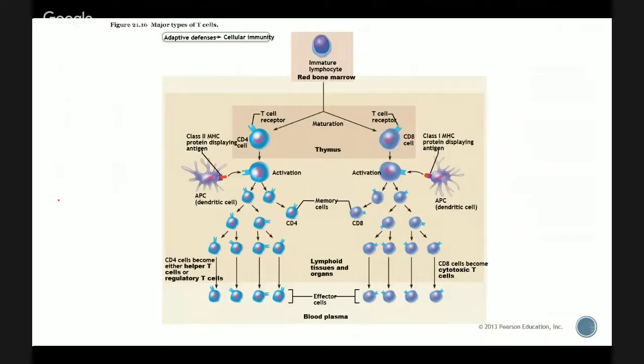For example, they activate the B cells, they activate the T cells, they help activate macrophages, and some can moderate the immune response. Whereas the CD8 cells over here become, as you can see in the bottom on the right here, cytotoxic T cells that are going to destroy cells. They're going to do cell-on-cell combat. They're going to latch onto an infected cell and then tell that cell to destroy itself, or it will destroy the cell.